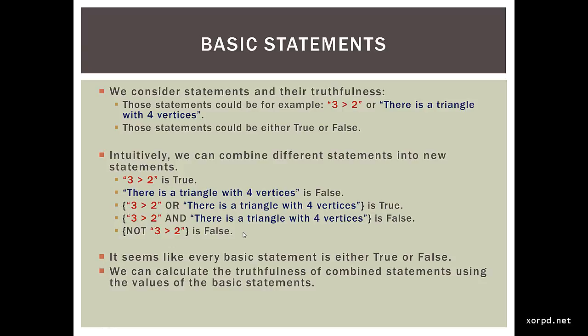Maybe even just intuitively, it seems like every basic statement is either true or false. We can calculate the truthfulness of combined statements using the values of the basic statements.